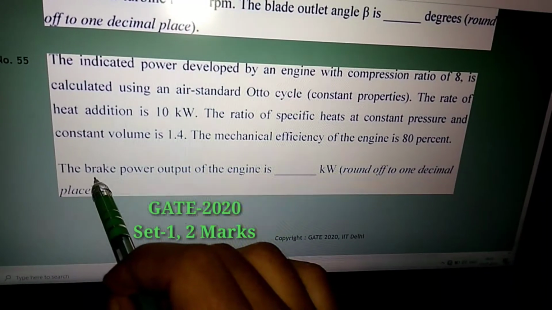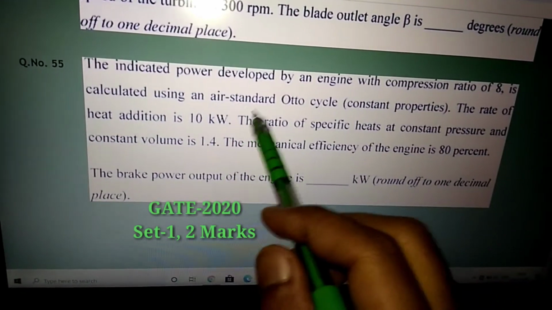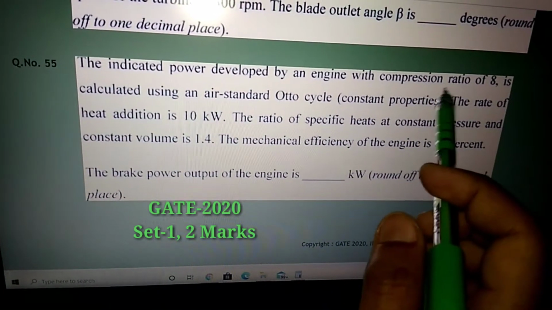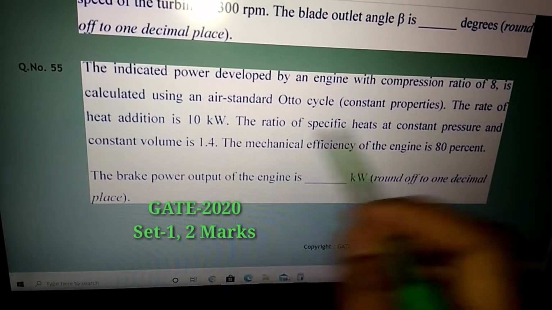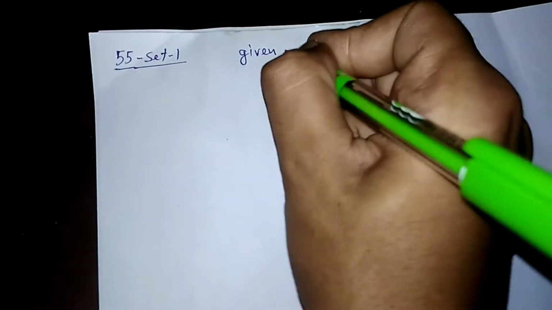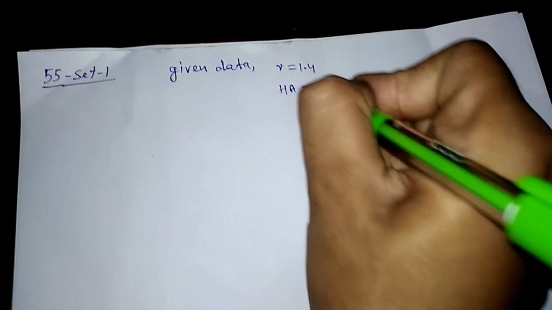We have to calculate the brake power output of the engine in kilowatt, and this is an air standard Otto cycle, and the compression ratio is given as 8, and heat addition is 10 kilowatt, and gamma is 1.4. So solving this question, we have the given data: gamma is equal to 1.4, and heat addition is 10 kilowatt.